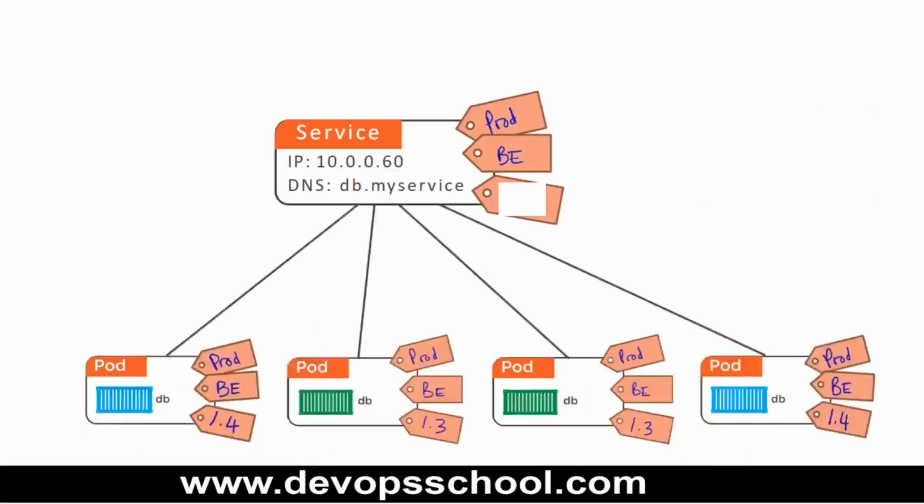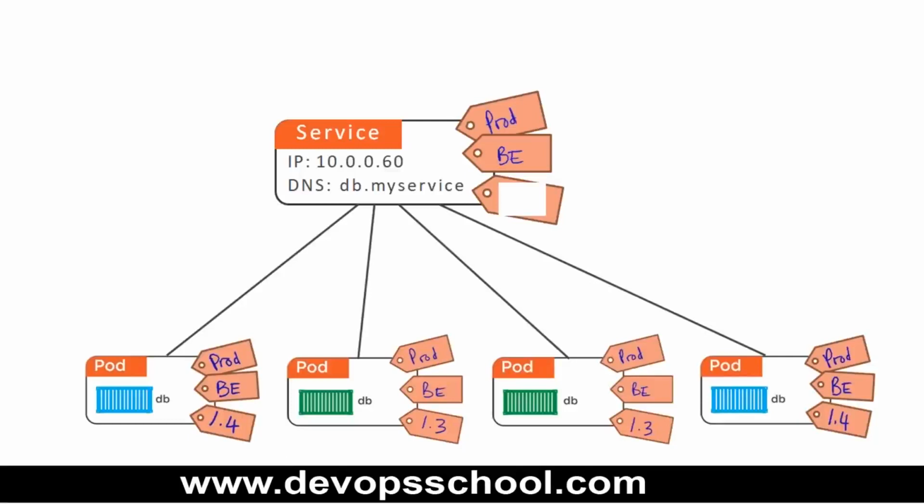Now if you look here, the service has two labels, prod and B. I removed 1.3. The moment you remove 1.3, any other pods matching that criteria, prod and B, will be automatically load balanced. You see here, prod B 1.4 and prod B 1.3 pods are also being load balanced because the labels match.